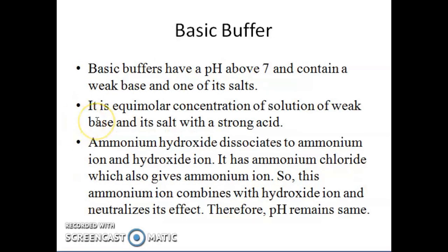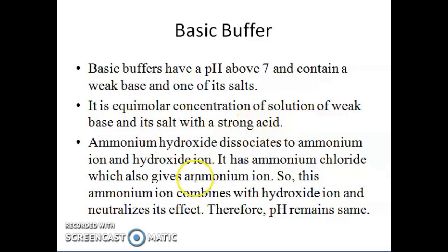If we talk about a basic buffer, it will have a pH above 7 and will contain a combination of a weak base and one of its salts. So it is an equimolar concentration solution of a weak base with its salt with a strong acid.